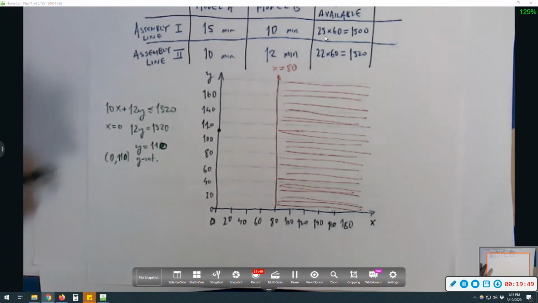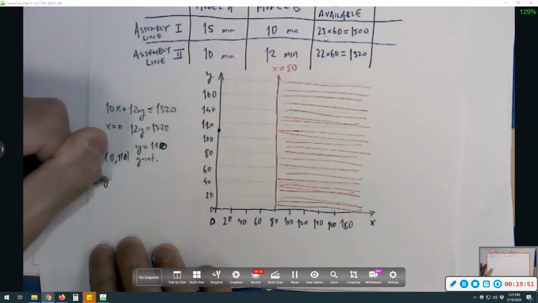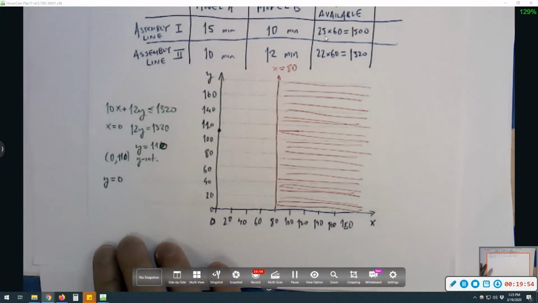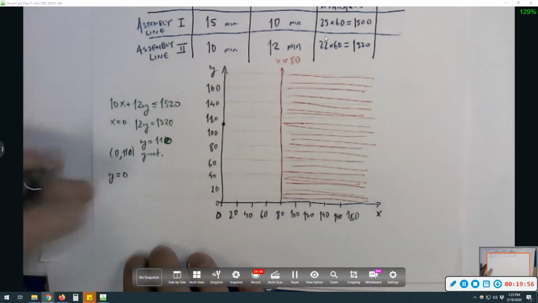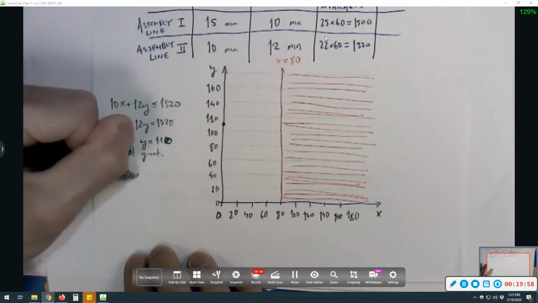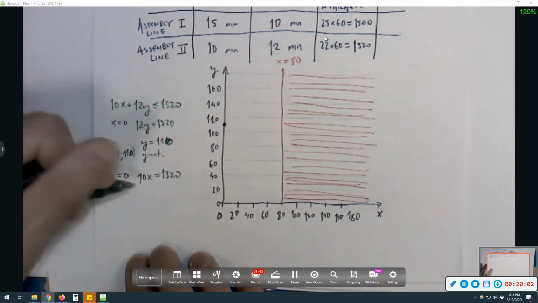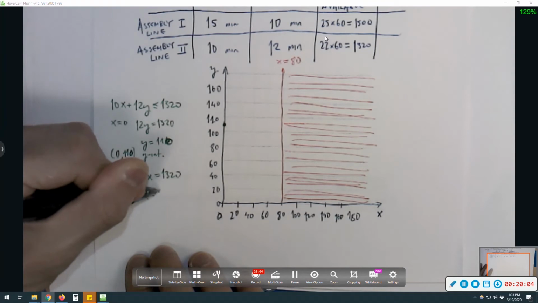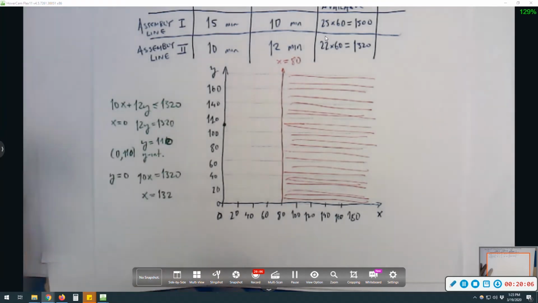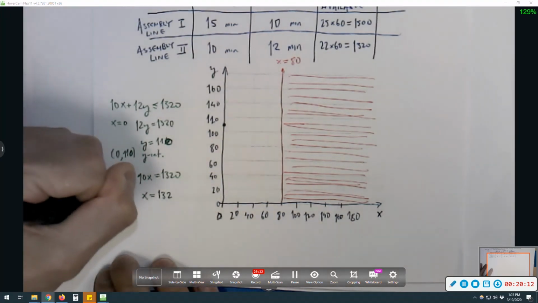And then to find our x-intercept, we set y equals 0. We get 10x equals 1320, so this here we have to think a little bit. This would just be 132. So our x-intercept is 132, 0.